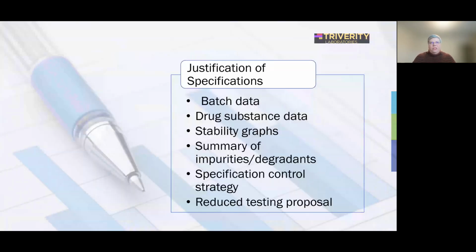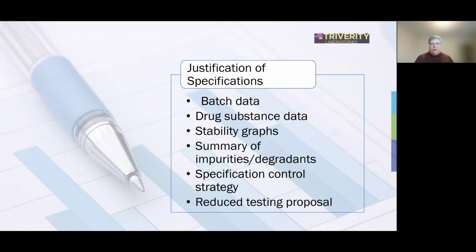Justification of specifications. The way I typically handle this is with kind of a massive report that starts with the drug substance specification and talks about where the criteria came from, so the different tests, why the tests that are on there, and justifies the exclusion of any tests, things like polymorphism or particle size.